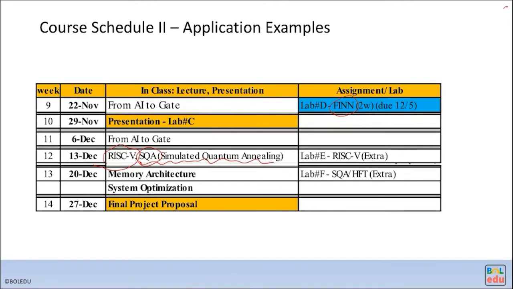For the second part, those materials we have been working on for the past 3 months. The RISC-V and SQA is from the last course that I taught in the computer science department, the final project. And then I worked with the students to turn their final project into teaching material.